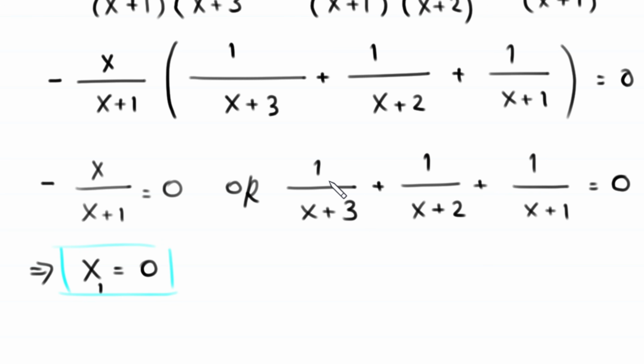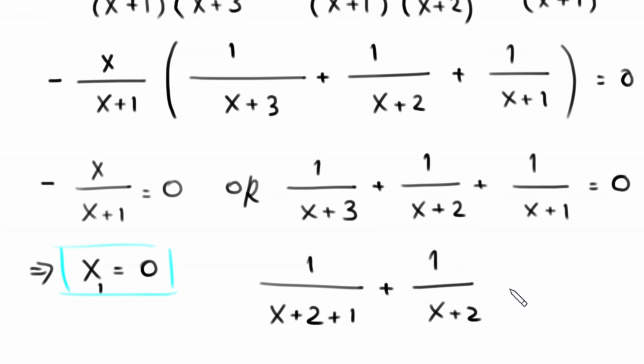We can rewrite 1 over (x + 3) as 1 divided by (x + 2) plus 1, plus 1 divided by (x + 2), plus this can be written as 1 divided by (x + 2) minus 1, equal to 0.